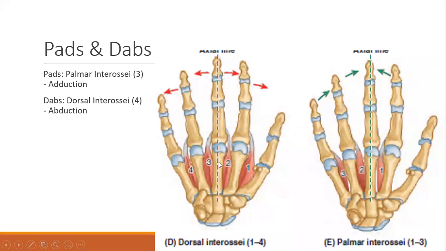Versus for abduction, your middle finger has 2 dorsal interossei because in whatever direction it moves, it's abducting from the center of the hand. Your thumb and your little finger do not have any dorsal interossei because, remember from the thenar eminence, they both have their own abductors already. So you have your abductor digiti minimi and your abductor pollicis brevis, there we go.